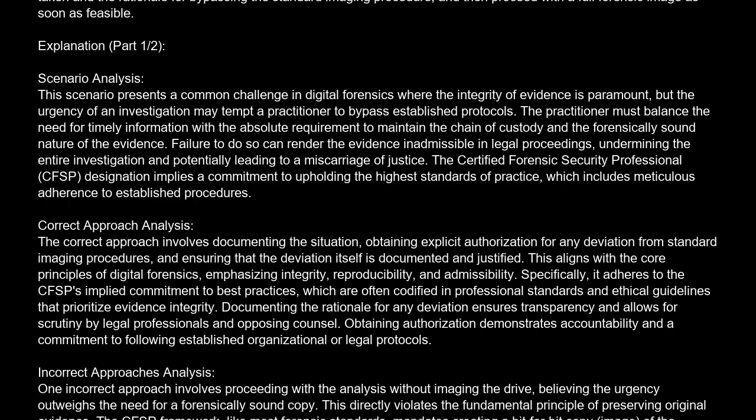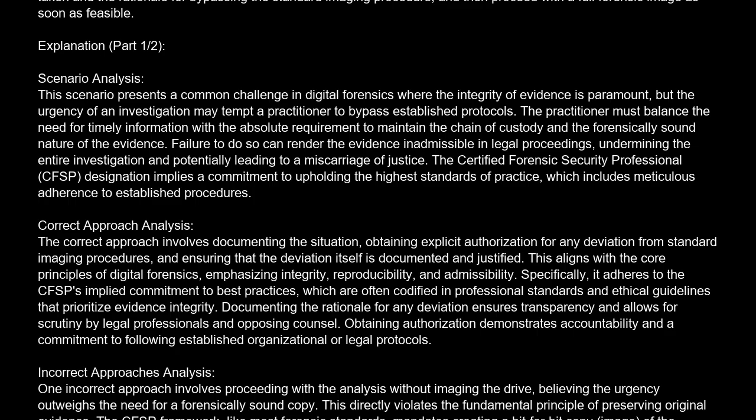Correct approach analysis. The correct approach involves documenting the situation, obtaining explicit authorization for any deviation from standard imaging procedures, and ensuring that the deviation itself is documented and justified. This aligns with the core principles of digital forensics, emphasizing integrity, reproducibility, and admissibility.